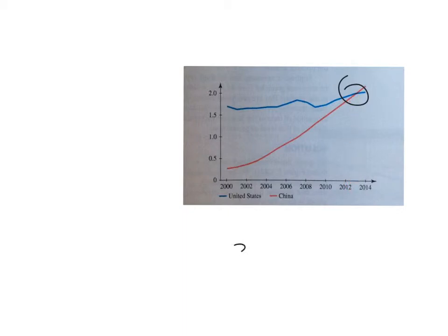So for China, x is 2013 and y is 2. Now let's look at the United States. To get to that blue point there where they intersect, 2013 and 2. So what does that tell me?